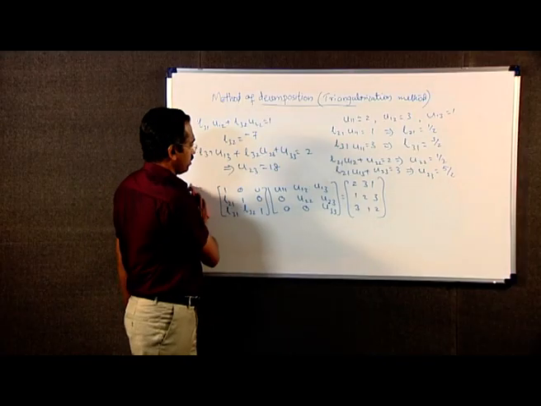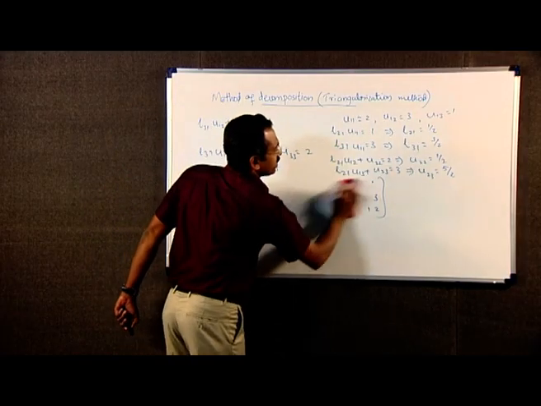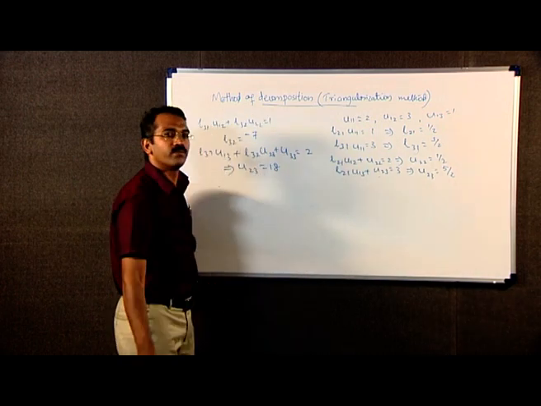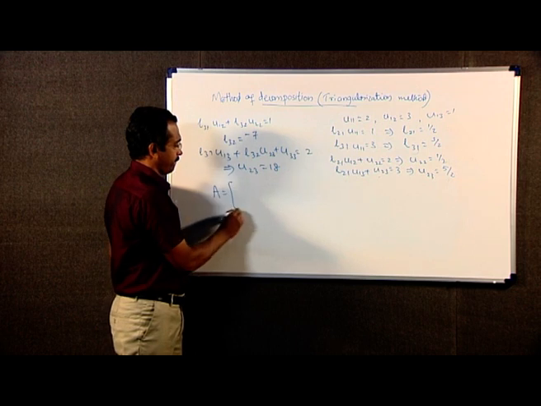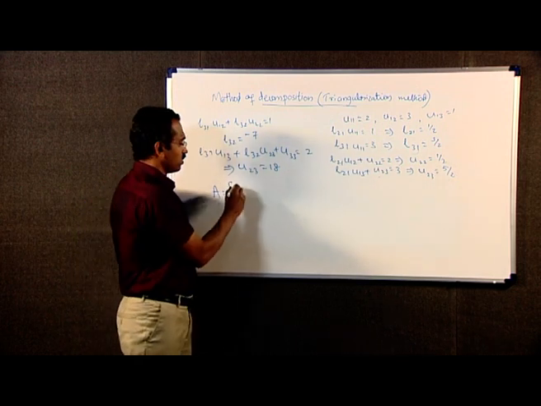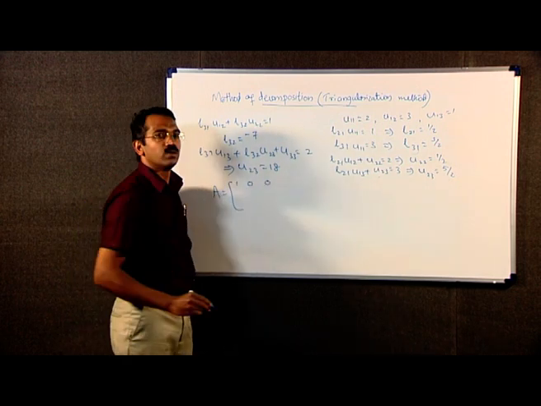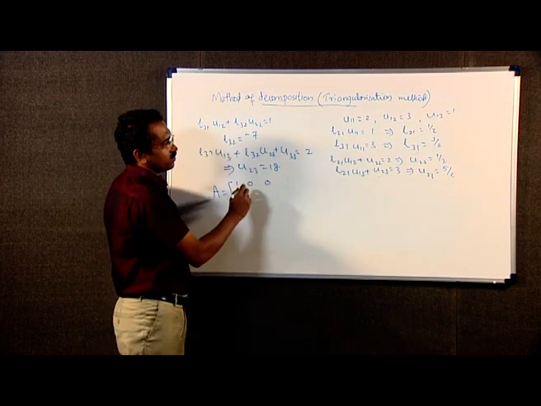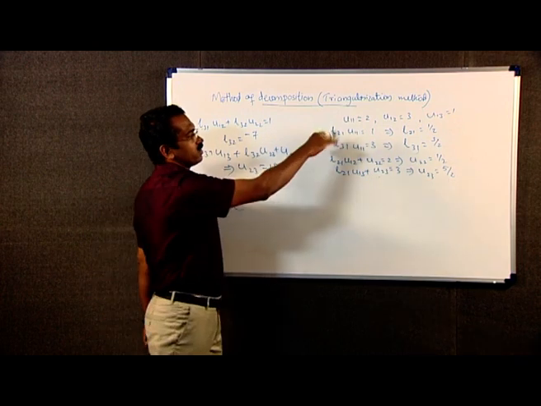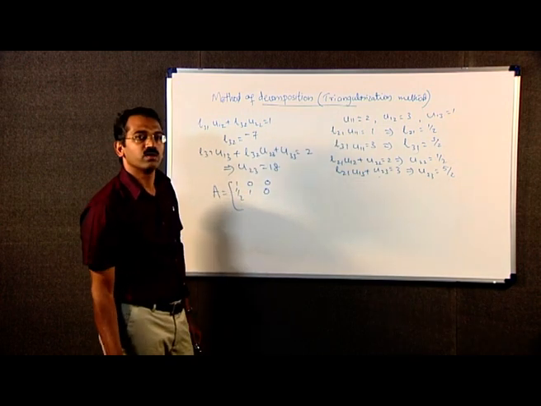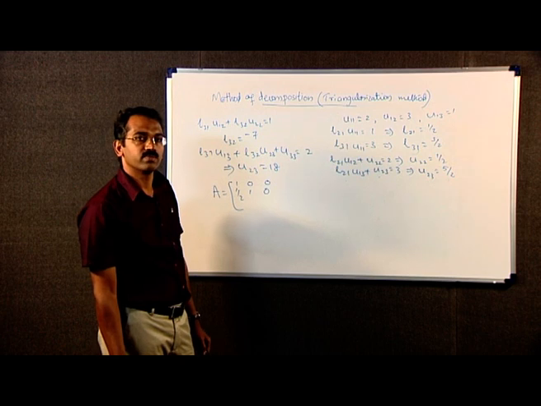It follows that the matrix A is equal to 1 0 0, 1 by 2 1 0. We substitute all these values of the lower triangular matrix and upper triangular matrix.